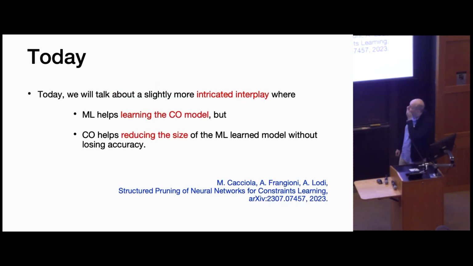optimization framework. So today, what I will try to talk about is a kind of intricate interplay between machine learning and discrete optimization, in which I will show you how to essentially use machine learning for designing your optimization problem, but at the same time how to use combinatorial optimization in order to actually make the overall model, let's say, behave better in a MIP context.